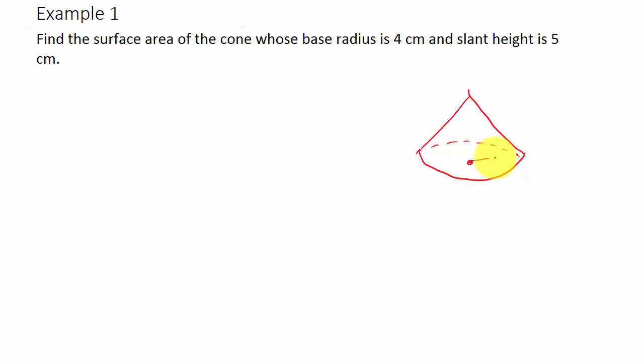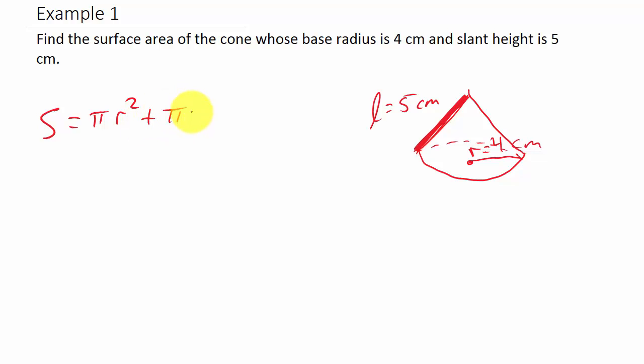They tell us the radius is 4 centimeters and the slant height, that distance, L is 5 centimeters. So we're going to want to use that first formula that has the slant height in it. The surface area is pi r squared plus pi r times L.